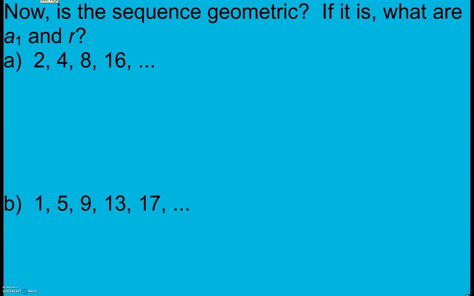Here again, we're determining if it's geometric. If it is, what's a sub 1 and r? Since we're looking for geometric, we're looking for multiplication. 2 to 4 is times 2. 4 to 8 is times 2. 8 to 16 is times 2. So this is geometric.